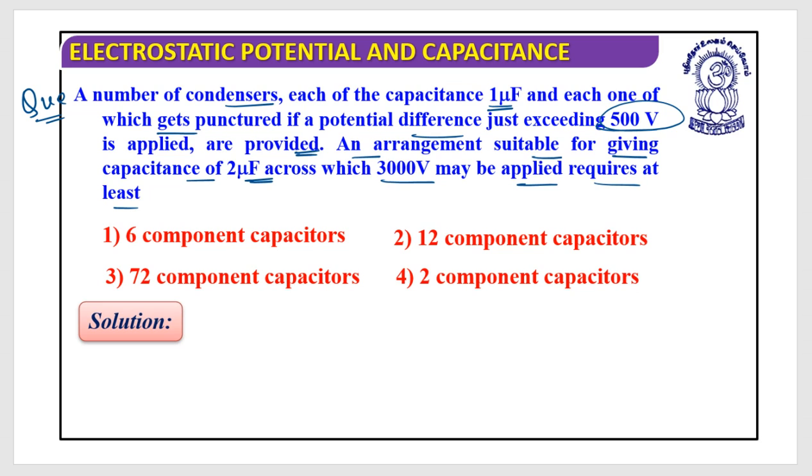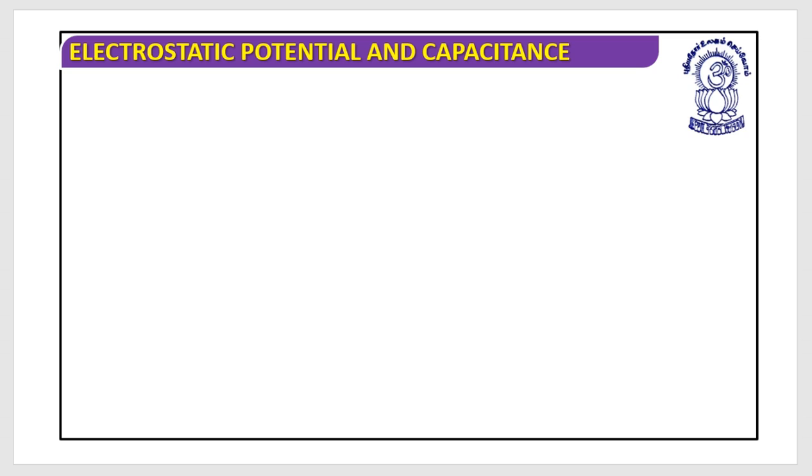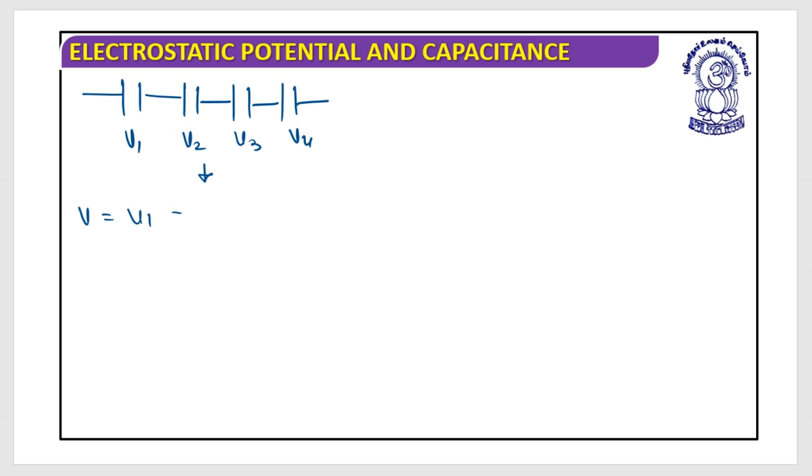least how many capacitors? So what you are supposed to understand before attempting this question is that, suppose I have certain capacitors in series, something like this. This is voltage V1, this is voltage V2, this is voltage V3, this is voltage V4, and their net voltage is V1 plus V2 plus V3 plus V4.